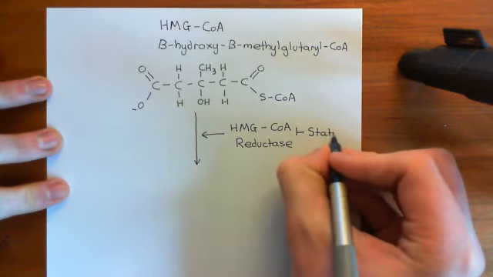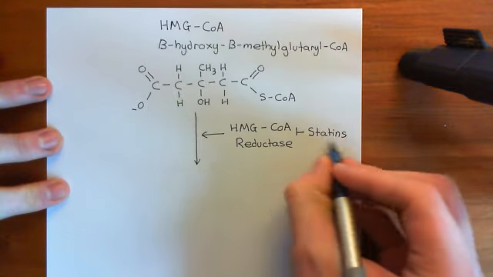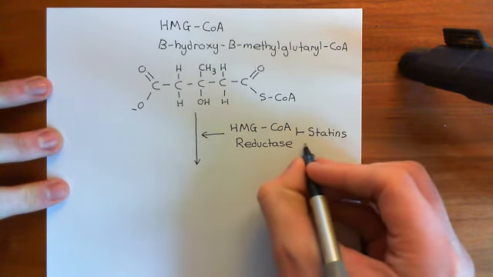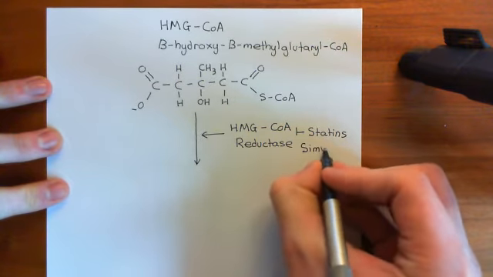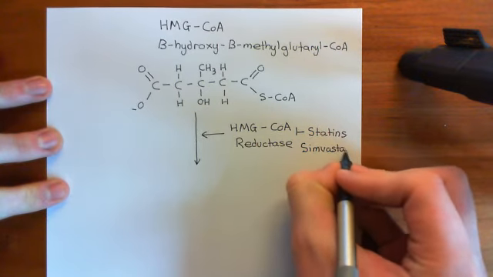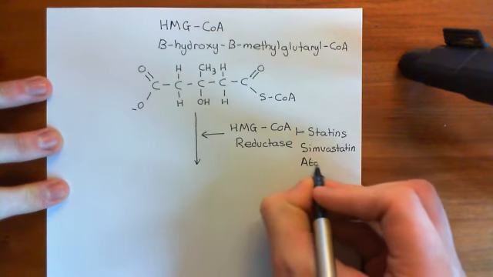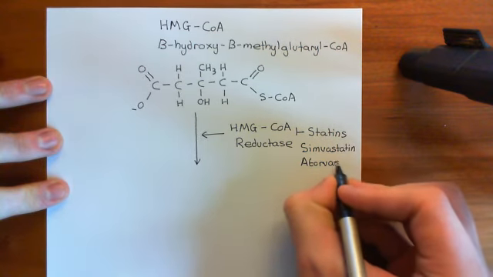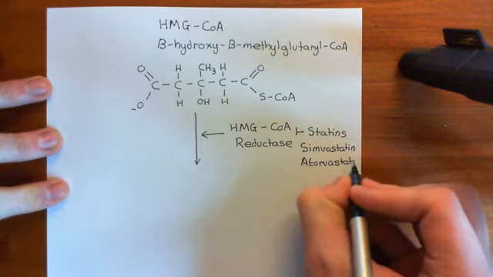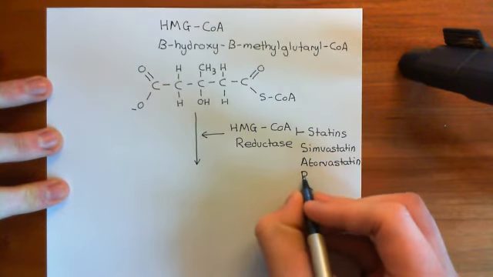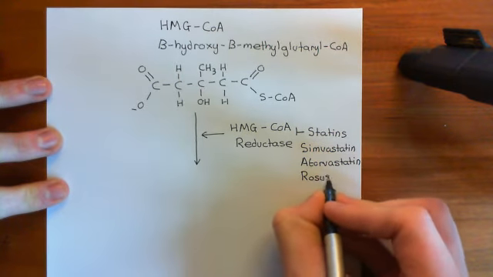Okay, examples of which are simvastatin, rosuvastatin, atorvastatin. Okay, so simvastatin is a good example of a statin. You've also got atorvastatin, which is one of the greatest selling drugs ever. Okay, and then another example is rosuvastatin. Okay, so they all have names which end in statin.